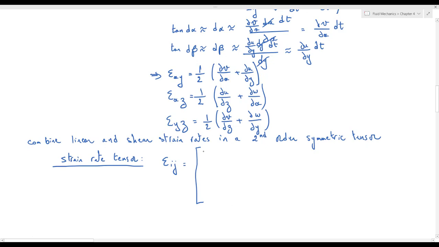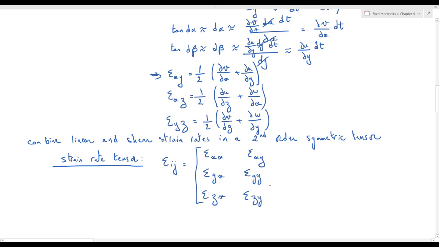So here we have epsilon xx, epsilon yx, epsilon zx, second column epsilon xy, epsilon yy, and epsilon zy.